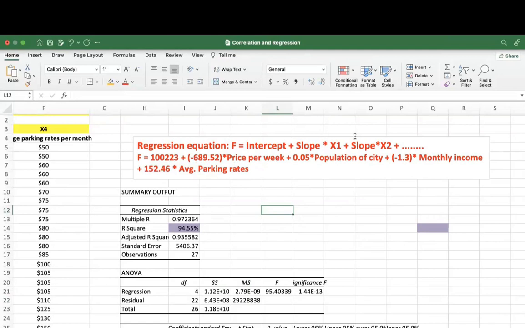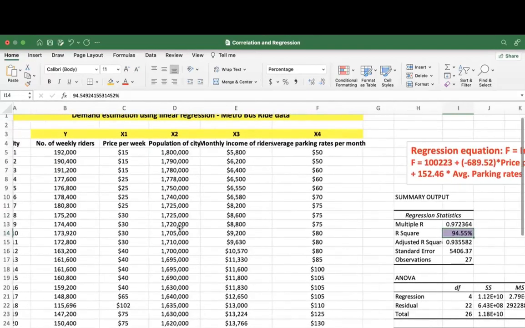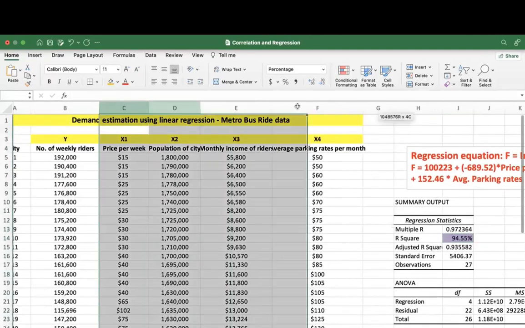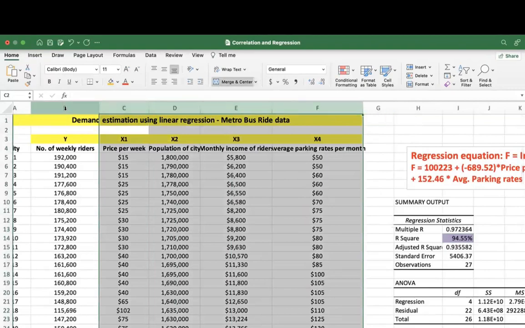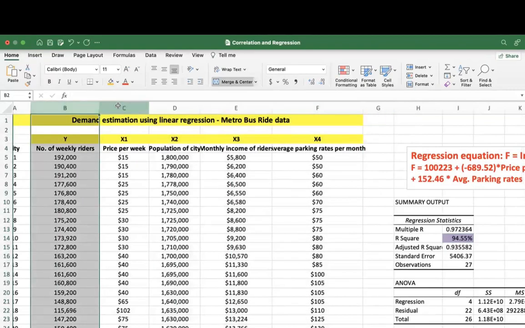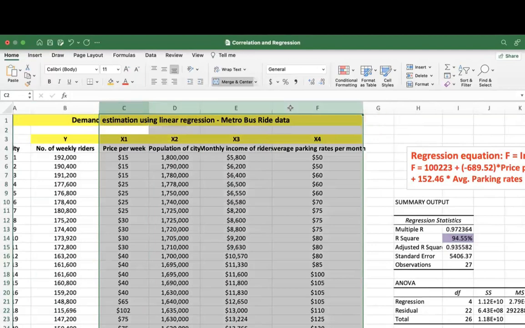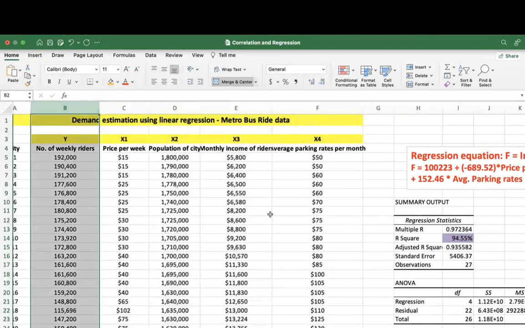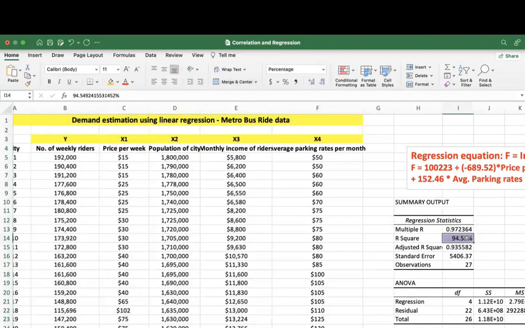First of all, the most important thing is about these predictors. When you were making these choices, that these are our independent variables and this is the dependent variable, do these independent variables really have an impact on this one? The model shows yes, they do.